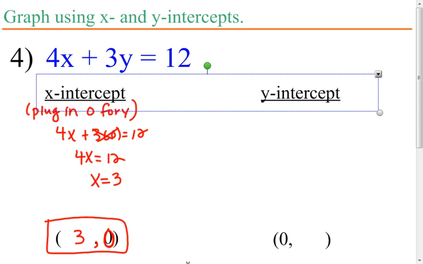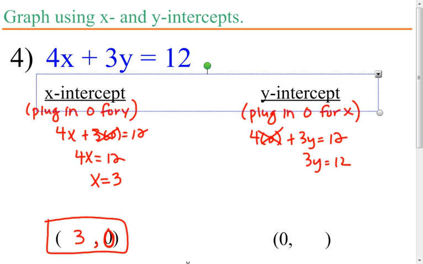To find my y-intercept, again, I will plug 0 in for x. When I plug 0 in for x, I have 4 times 0 plus 3y equals 12. 4 times 0 is just 0, so I don't need that. So I have 3y equals 12, divide by 3, and y equals 4.